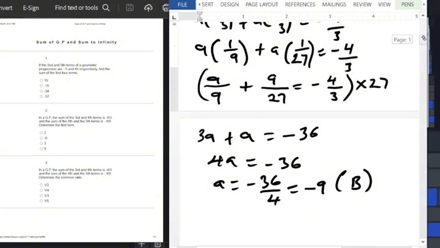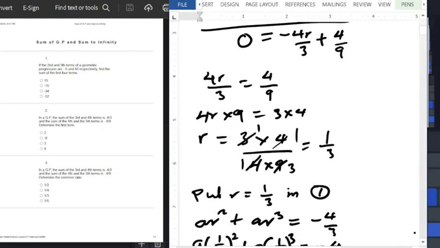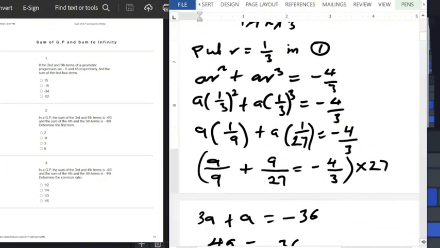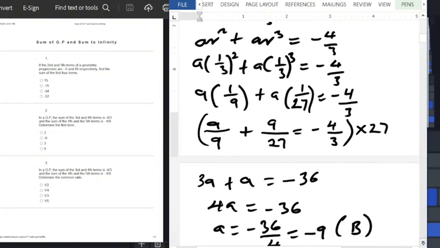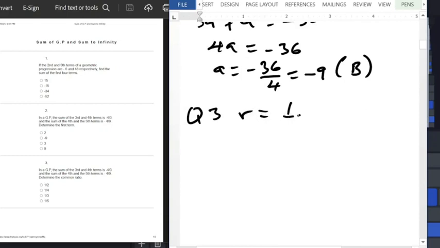So the common ratio is r equals 1 over 3, which means question 3 is option C. The common ratio is 1 over 3 from question 2, so that is option C. Then number 4.